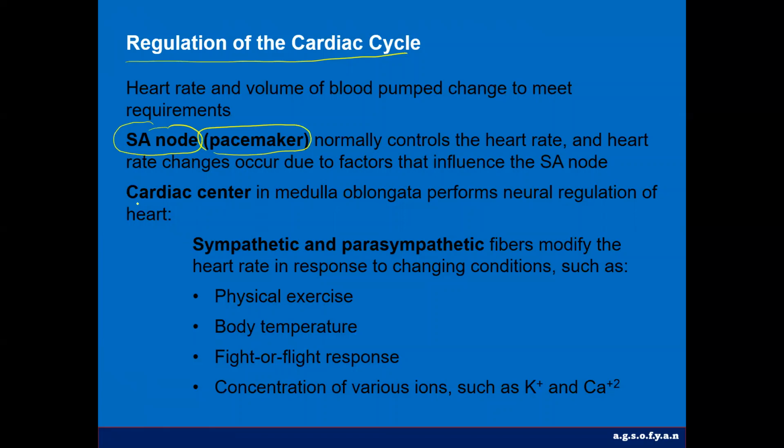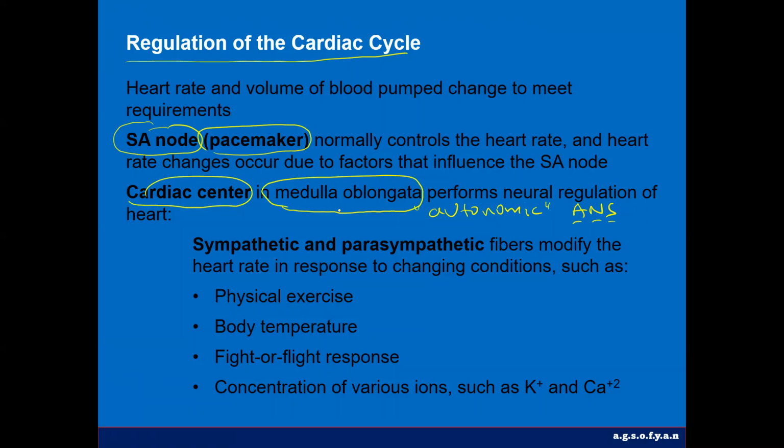This cardiac center is located in the lower part of our brain, called the medulla oblongata. Therefore, the control is autonomic, or automatic, using the ANS, the autonomic nervous system.